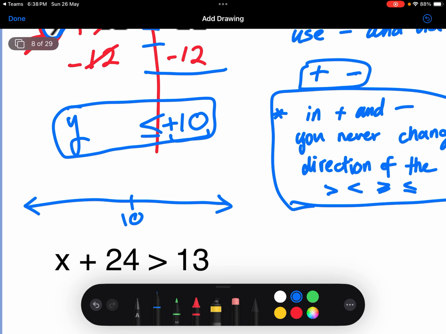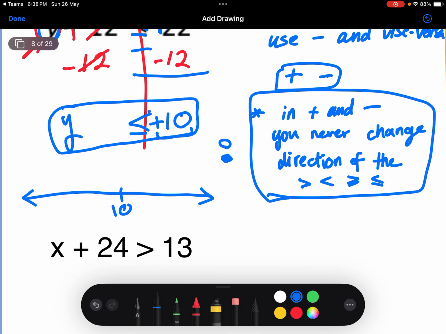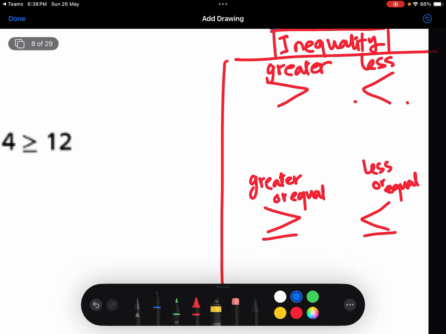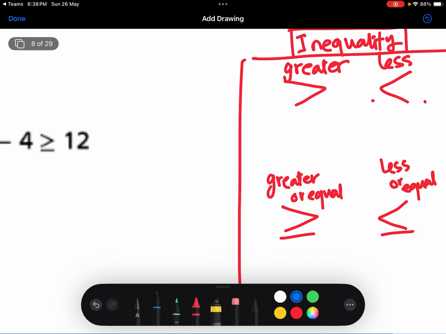Then you have to decide the circle: is it going to be an open circle or a closed circle? This depends on the sign of the inequality. If the sign is greater than or less than, it's going to be an open circle. If it's greater than or equal to, or less than or equal to, it's going to be a closed circle.